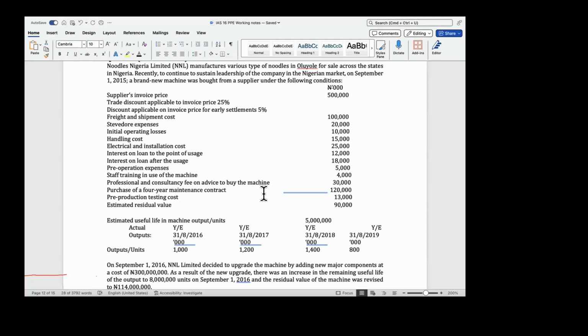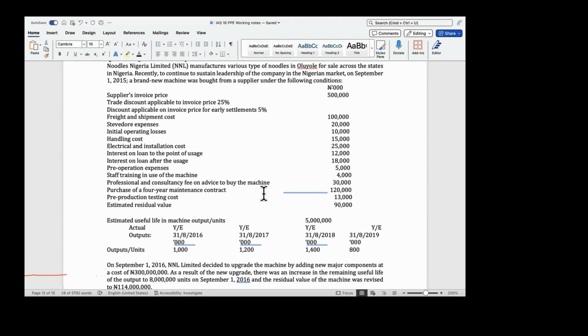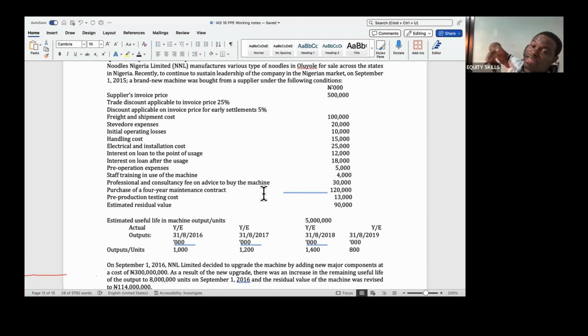If it's an asset that is componentized, where you know the cost of each component, and each component has a different useful life, the right thing would be to derecognize, remove that one from our books, then add the new one.